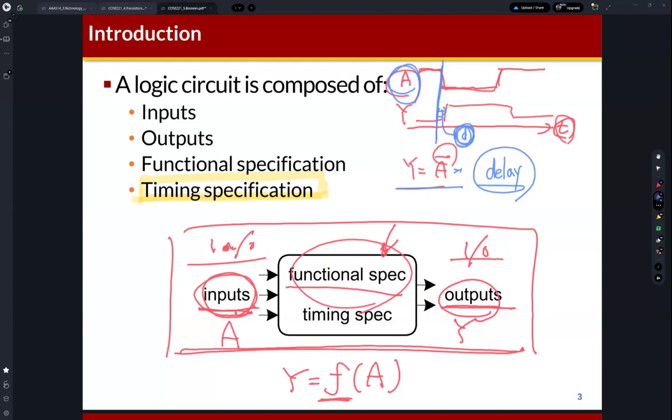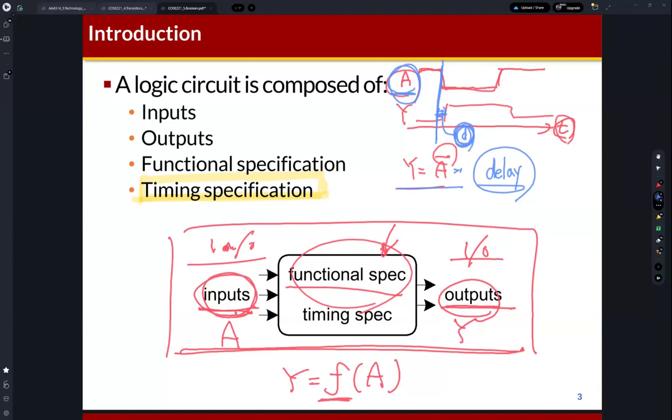So you need to understand some real world behavior. As I mentioned, we need to consider time in real world behavior, and it is also the same for the circuit. In the circuit, the input is changed, the output can be changed, but the output value is changed after some delay, some time.